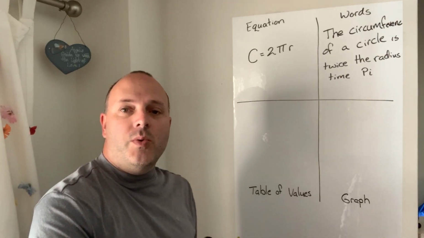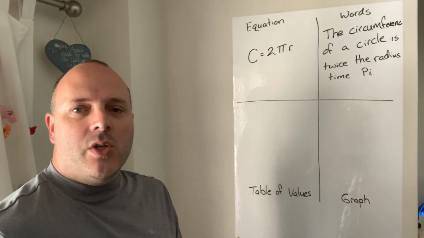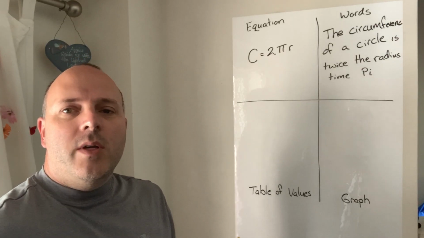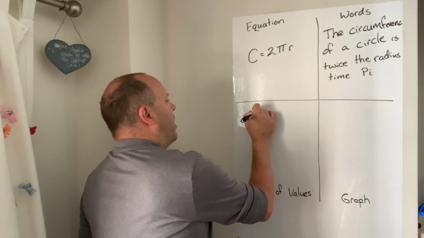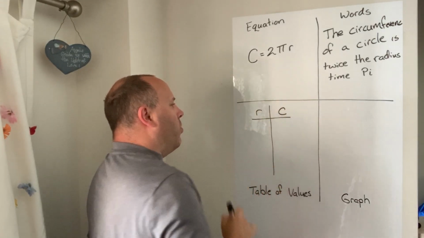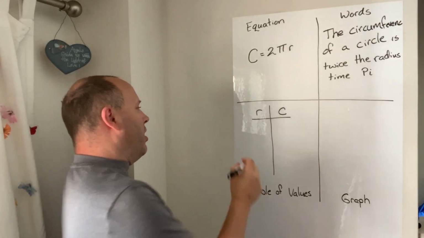We can use the formula to calculate out different size circles, right? If I tell you the radius, then you can calculate the length of the circumference. So if I was to say, what's the circumference of a circle that has radius of, let's just say, 1?